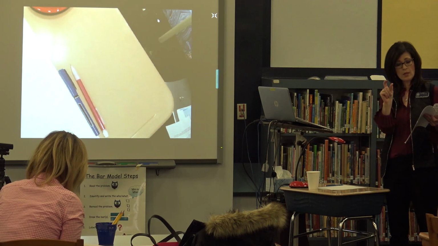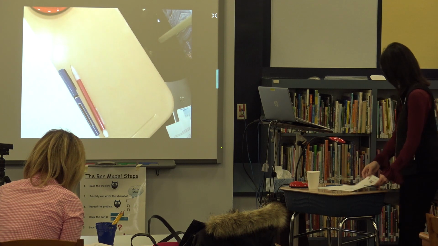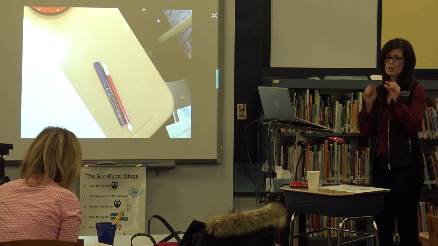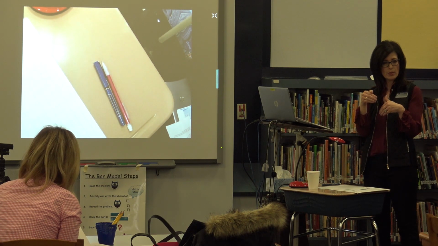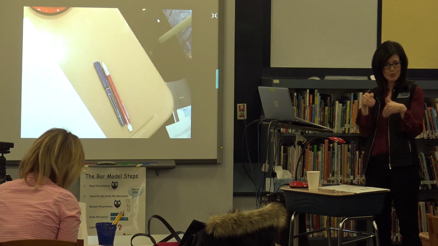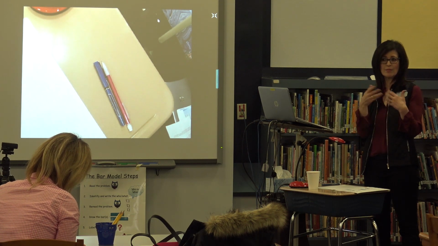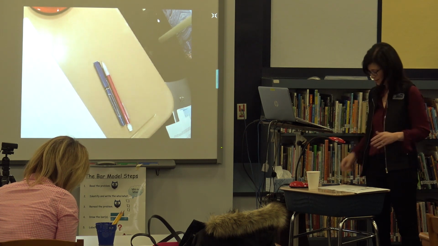With addition, you might want the unit bars to be smaller. And use squares and rectangles to represent parts of the problem. I'm going to demonstrate the first problem, and then on the second page, we're going to try it on our own, of course with assistance.